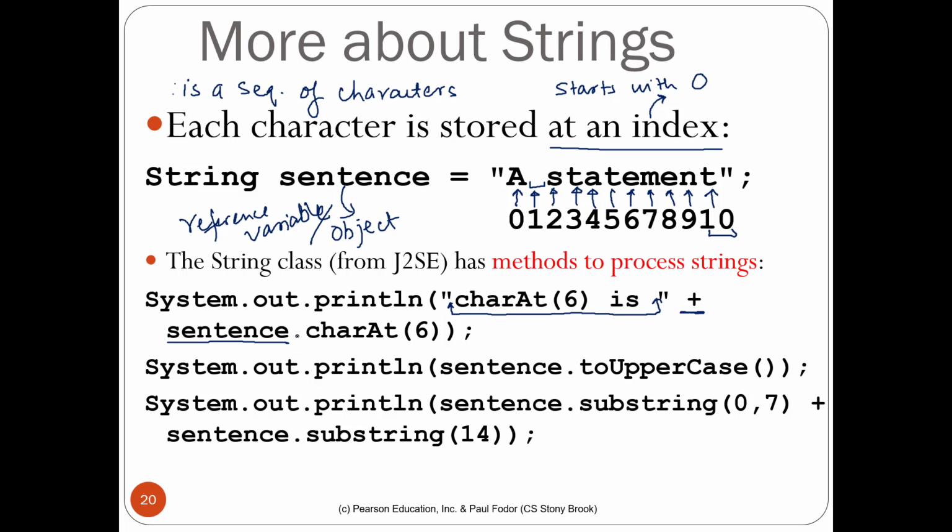And on this object, the reference variable sentence, you are invoking a method. So when you say period charAt, what is this charAt? This is a method in the string class.